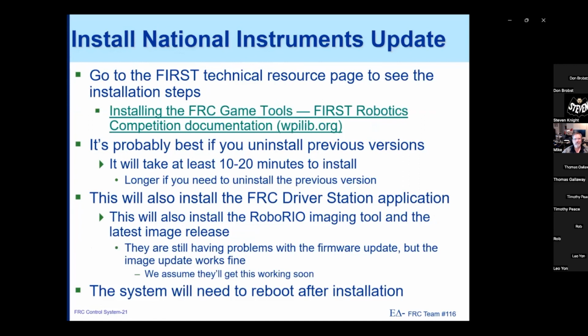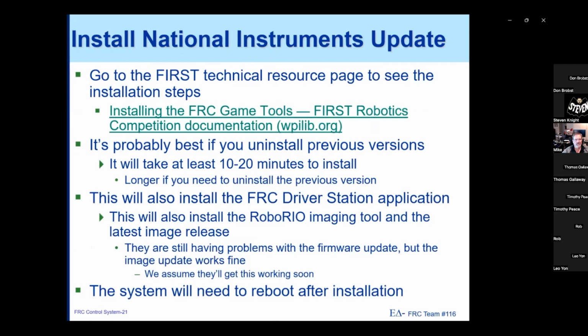In order for us to be able to load the initial firmware onto the RoboRio or use the driver station, we have to install the National Instruments code. The National Instruments code in this particular case is focused on the FRC game tools. And this interface you see here, this is actually a link into the WPI lib code.